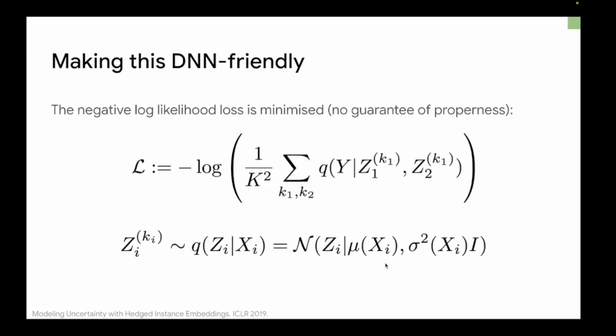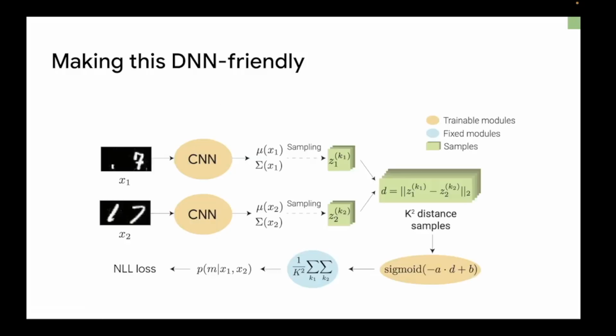So we have all the ingredients, and if you plug this in, it looks like this. It's minus log of basically the binary cross entropy, where the eventual prediction is an average over match probabilities for different samples from each of the distributions.